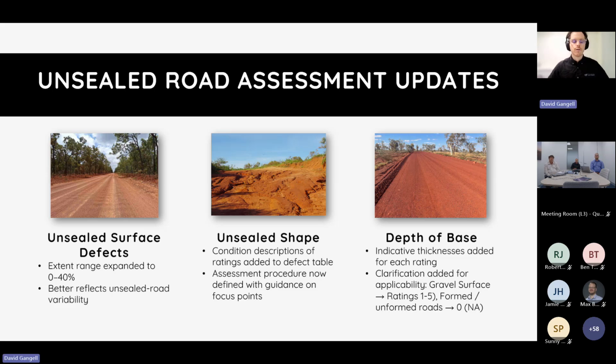So for unsealed roads, previously this was not something that had been too well outlined in version 1, and there was quite a bit left up to the user to assess and determine, and there certainly still is that flexibility in the manual, knowing that unsealed road condition can change rapidly, and a lot of the rural local governments have very large networks, so the practical and pragmatic basis to these assessments has been retained.